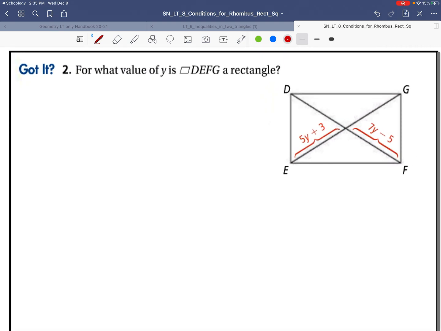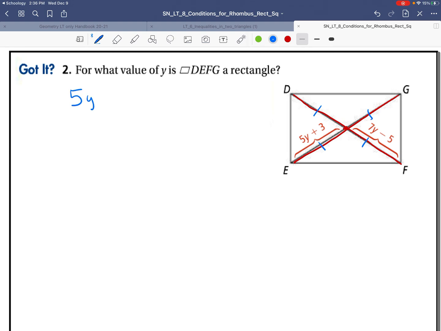For what values of y is the parallelogram a rectangle? We need to use properties of a rectangle. Because it's a rectangle, the diagonals are congruent. I'm only given half the length of the diagonal. The other property we know about a rectangle is that it's a type of parallelogram where the diagonals are not only congruent, they bisect each other. So all four of these segments are congruent to each other.